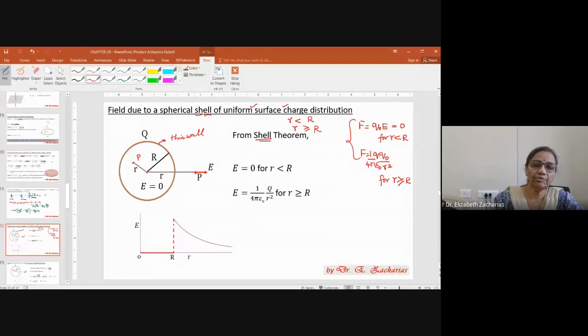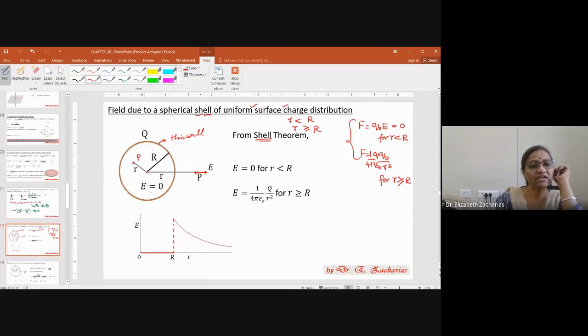Similarly, if I take a point P outside, then what happens? Will this point P outside see this as a spherical charge? It will see it as a point charge. This point P, which is outside the sphere, will not see it as a sphere.